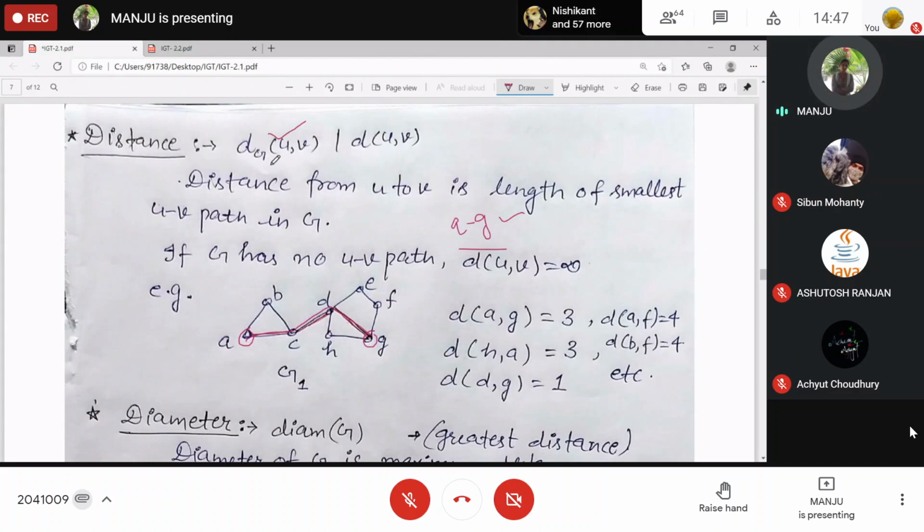That is, in graph G, this is the distance from u to v. Or you can just say distance between u and v, as we don't have direction here. If there is direction, you need to check for a directed graph. Clear? Yes, ma'am.